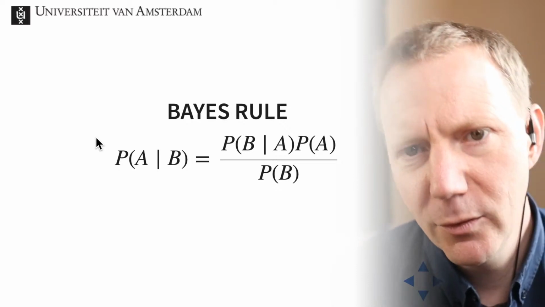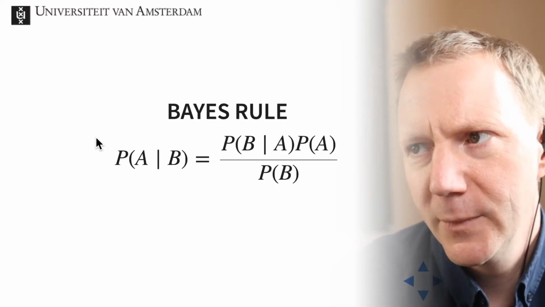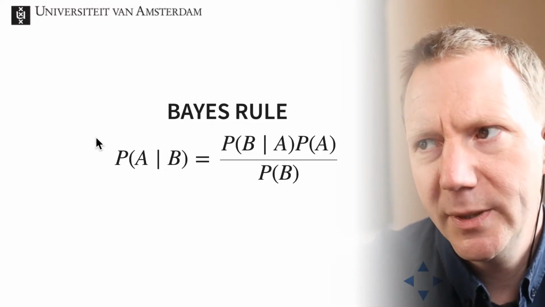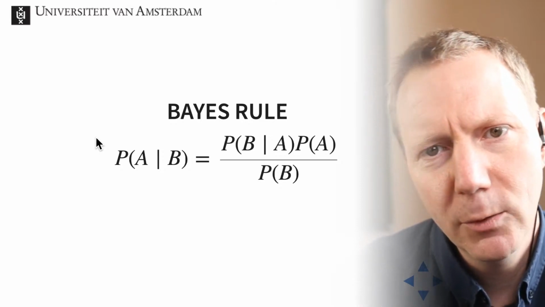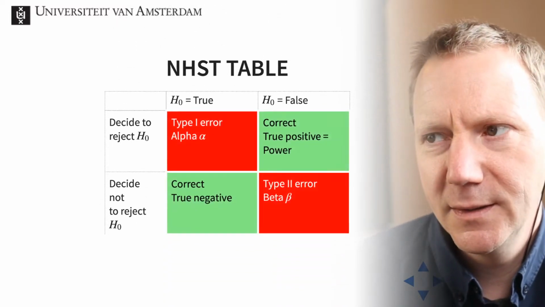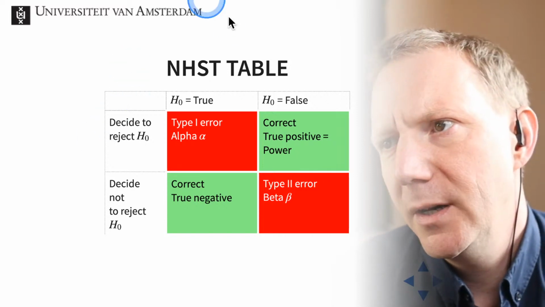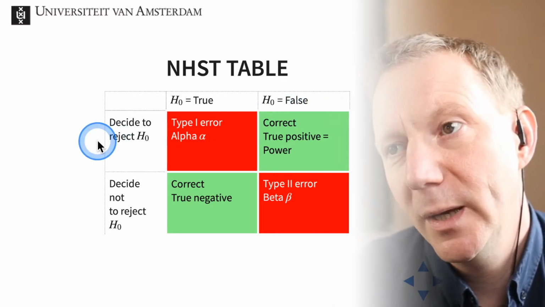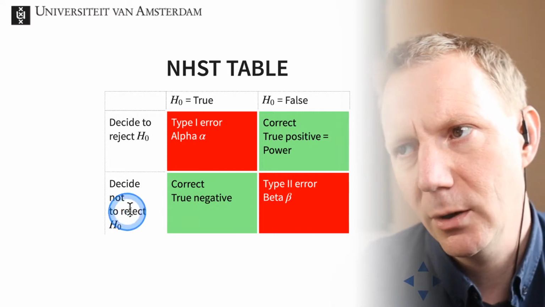And before we go into this, I wanted to show you the relation between such a Bayes rule and what we've been doing with null hypothesis testing. So this one is familiar to you, where we stated the null to be true or the null to be false, and we could decide to reject the null or decide not to reject the null.